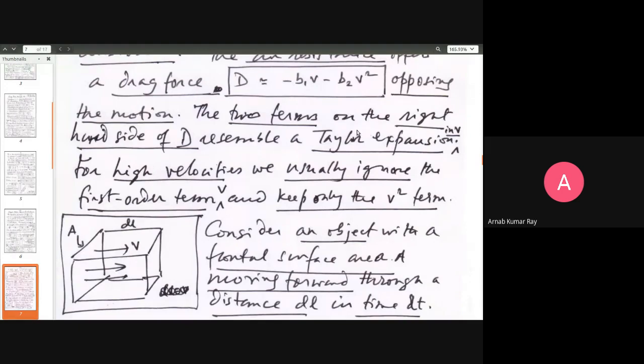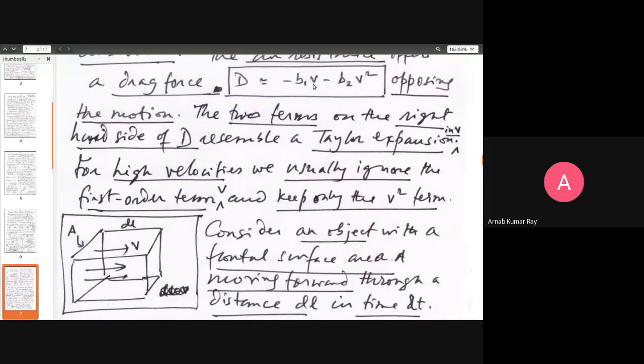So here we have that sort of a thing. Now, usually what happens is that when you have high velocities, the V squared term is more dominant compared to the first order term. Remember this one thing: for small values of a variable, the lower powers are more important.